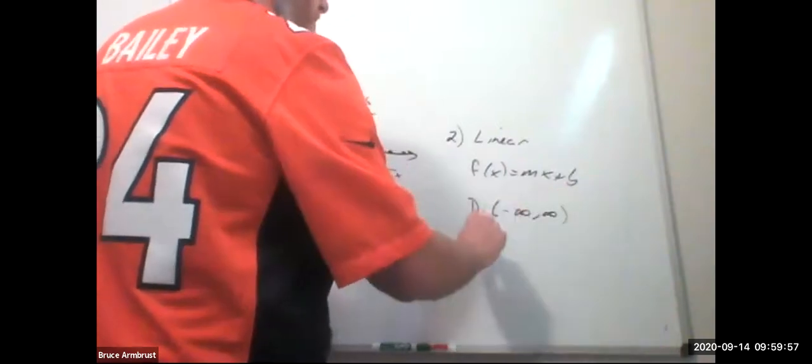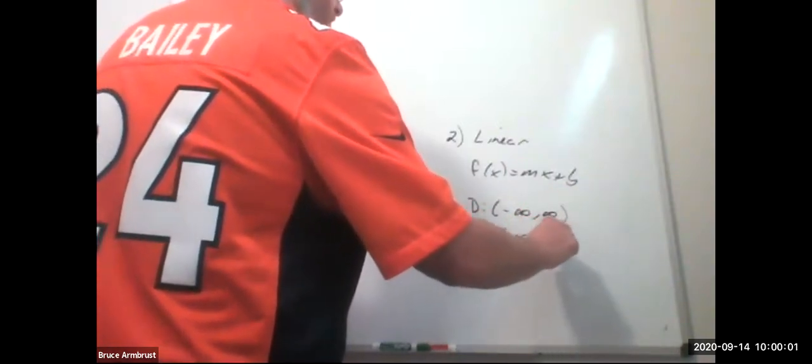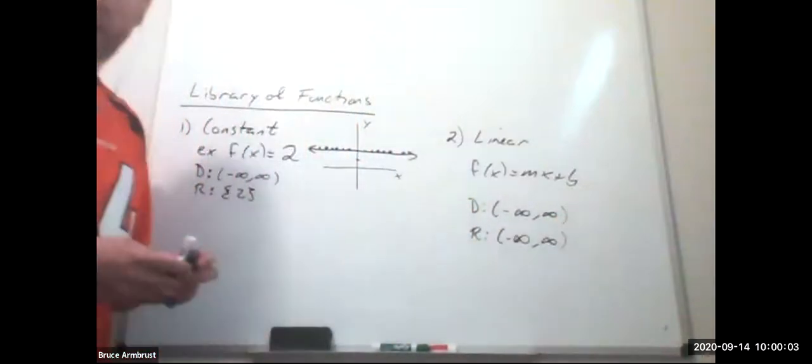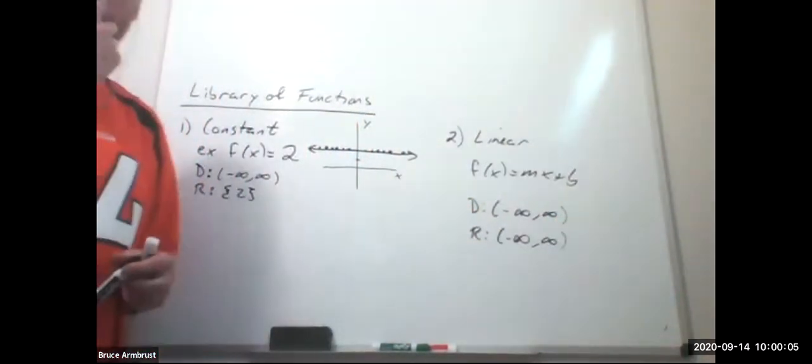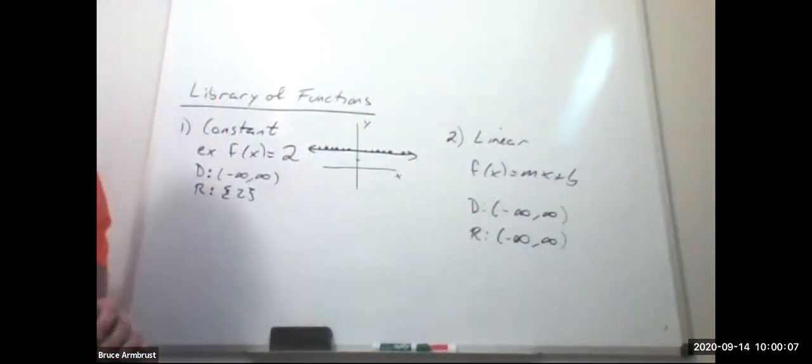So some things to remember. In terms of the domain, it's all real numbers, as is the range. These things, you can plug anything in. You can also get anything out. So the domain and range are all real numbers.